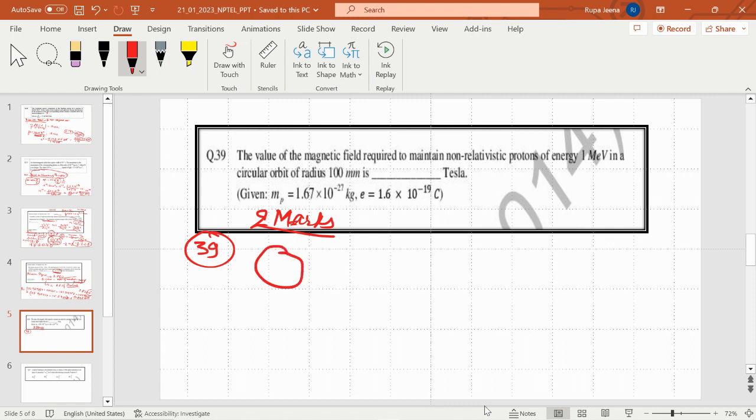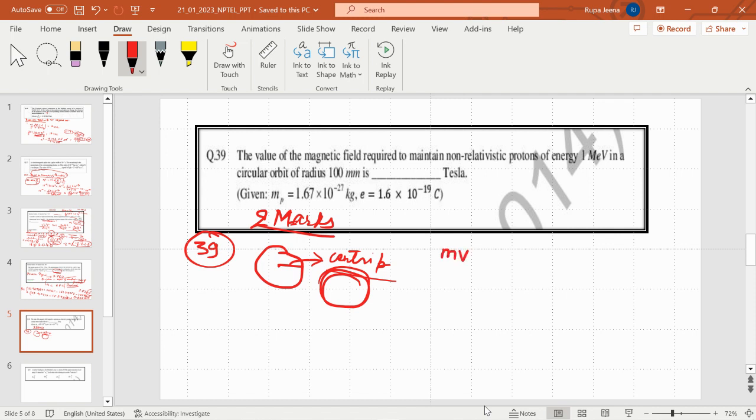So you know when it is in a circular orbit, the centripetal force required to maintain the necessary motion will be provided by the magnetic force. So both the forces will be equal to each other.